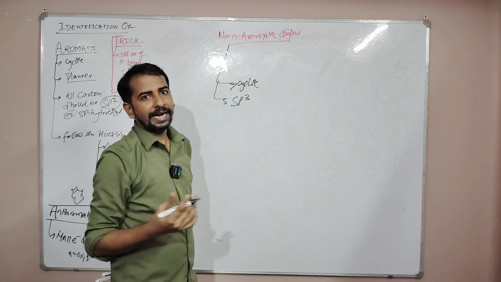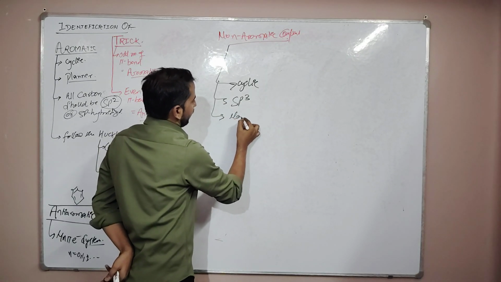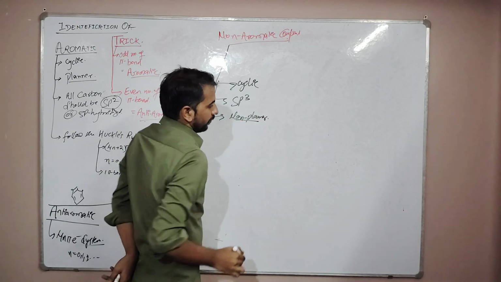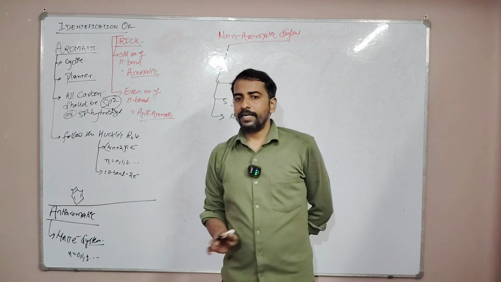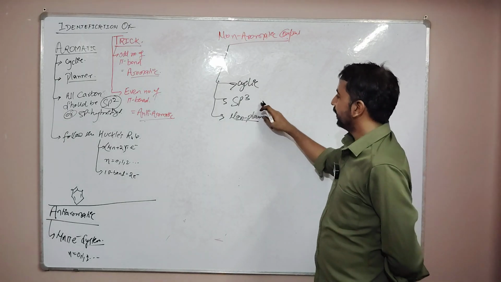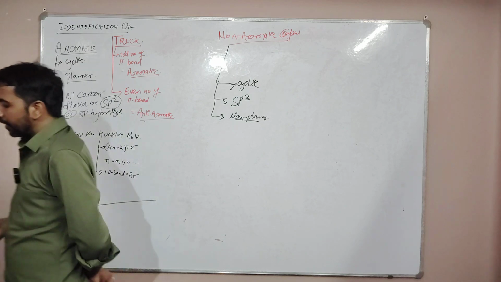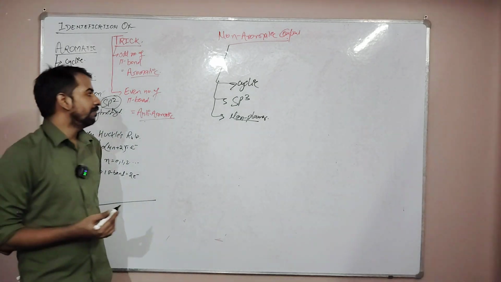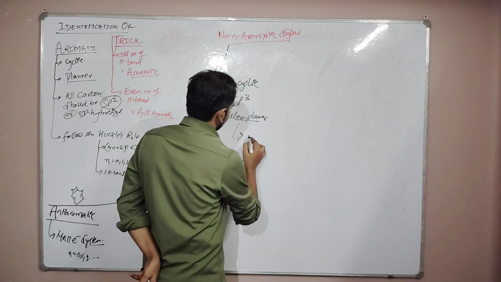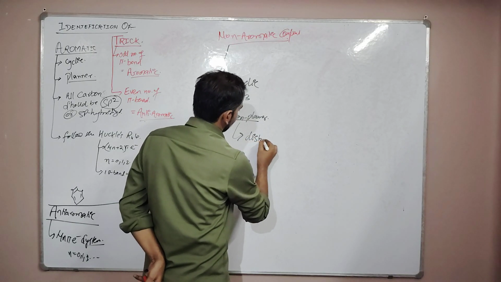Because of that, its planarity will go, and it is non-planar. Any non-aromatic compound can be non-planar because it has an sp3 hybridized carbon, or sometimes it has a distorted planarity.